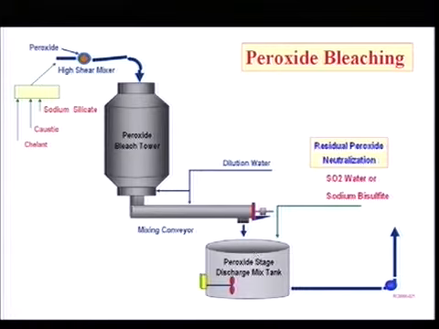Now the next stage of my bleaching is reductive bleaching, but if I let it go without neutralization, without taking out the residual peroxide, peroxide is an oxidative chemical. It can go and eat your reductive chemical and waste it. So the next important step in peroxide bleaching is what we call neutralization or souring of peroxide.